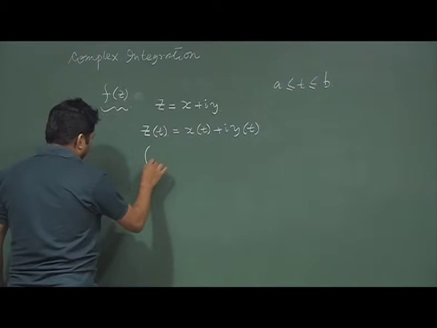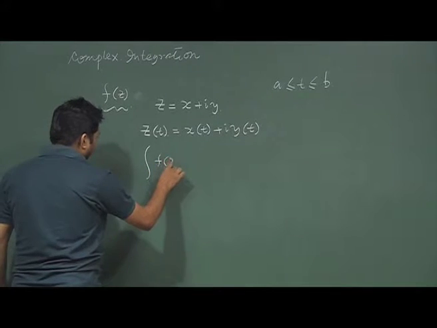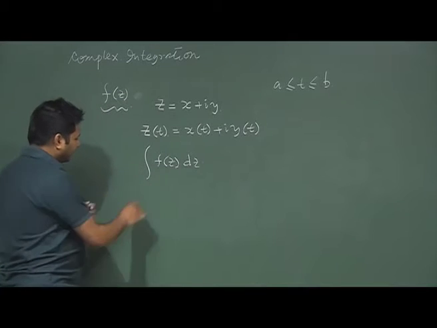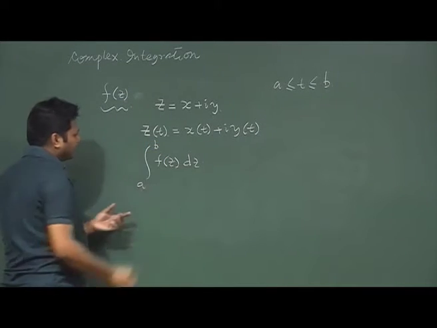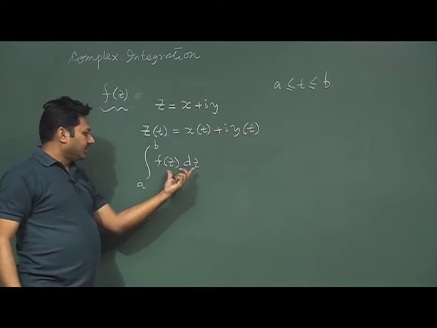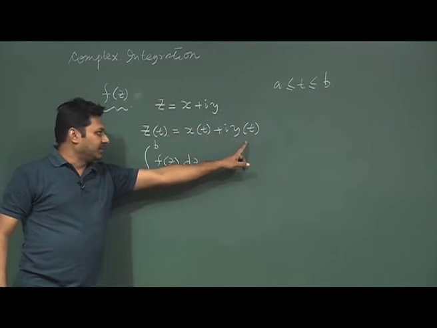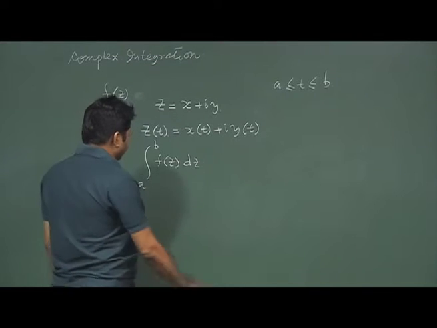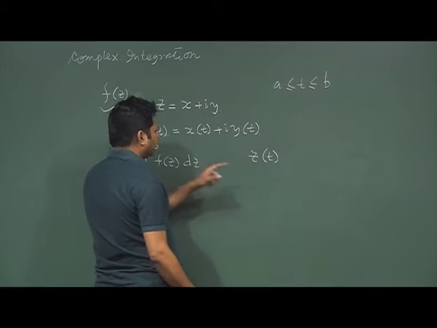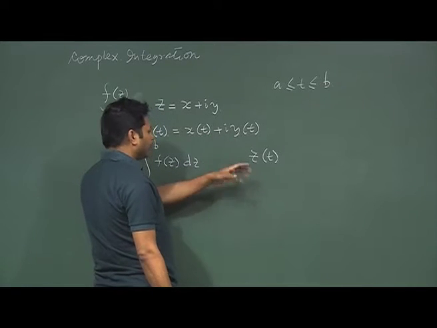Then if I write this quantity, that means I am having the integration with t, because t is my parameter here, t is changing. Here z is a function of t, x and y are also functions of t.